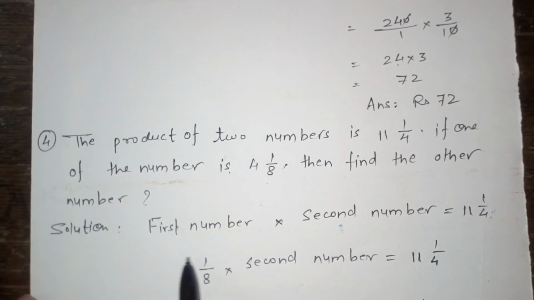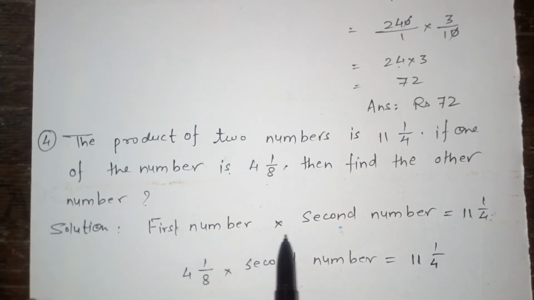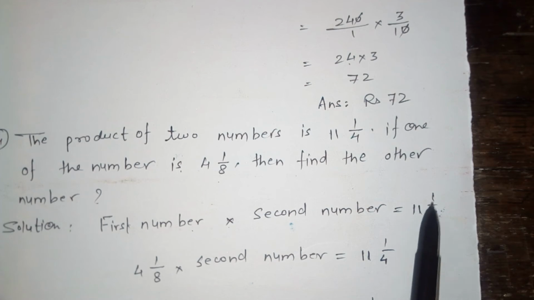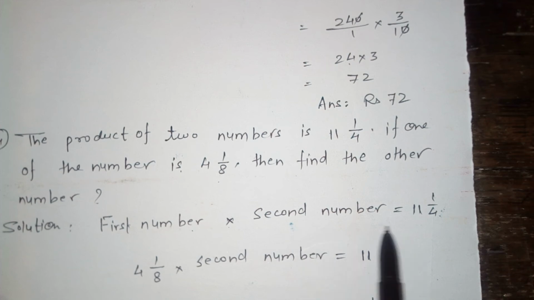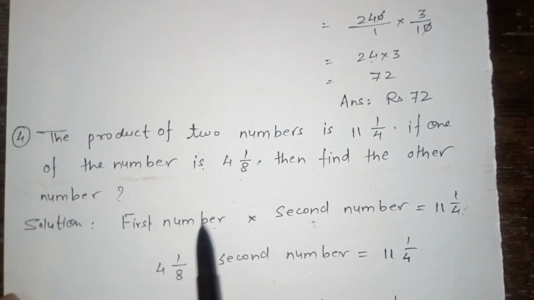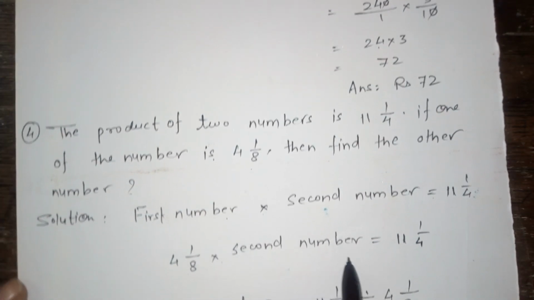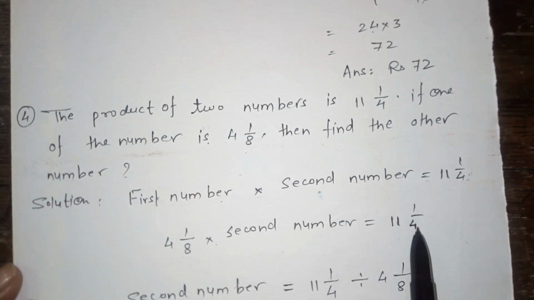According to the question, the product of two numbers, the meaning is, first number into second number, it will give you 11 and 1 upon 4. Your first number is 4 and 1 upon 8. 4 and 1 upon 8 into the second number equals 11 and 1 upon 4.